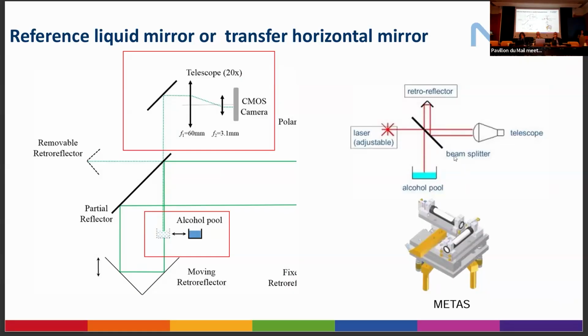Metas presented yesterday: sometimes you cannot put a pool in your experiment. So you can use an autocollimator and record the position with an alcohol pool, then use a transfer mirror. You transfer the value to a mirror, and then transfer this mirror to your experiment to align the verticality.